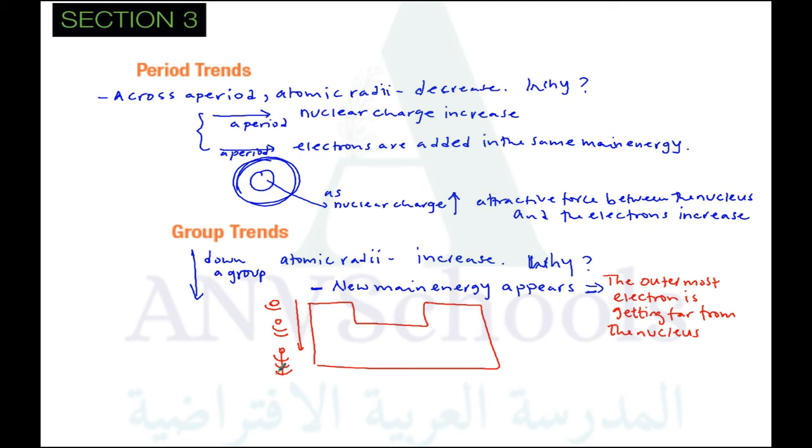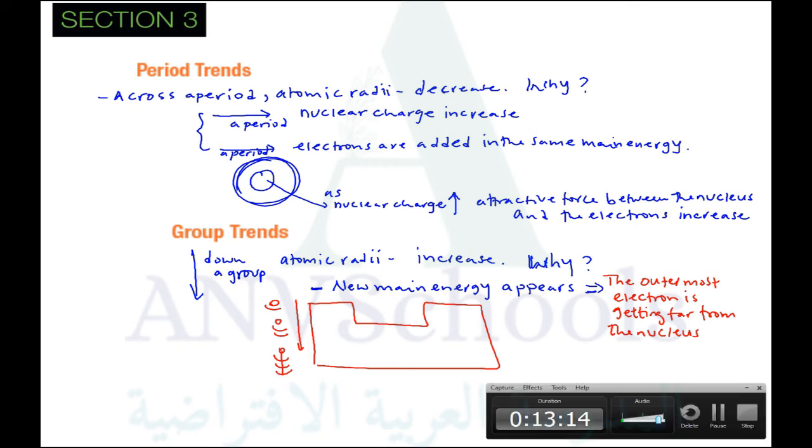Even though the nuclear charge increases, this time the increase in size dominates over the effect of nuclear charge. So group trend, down a group, atomic radii increase because new main energy levels are included.